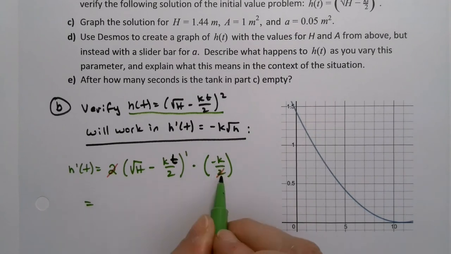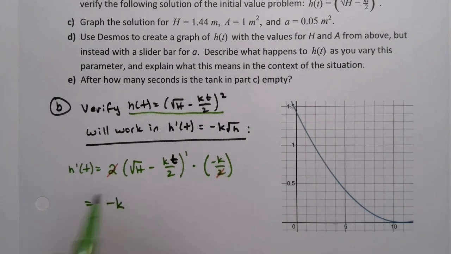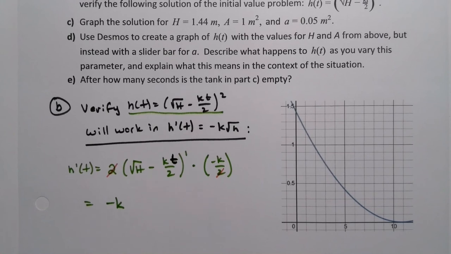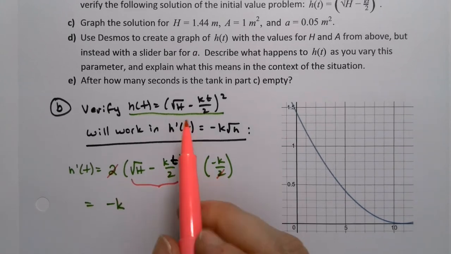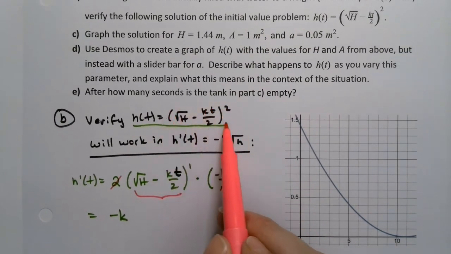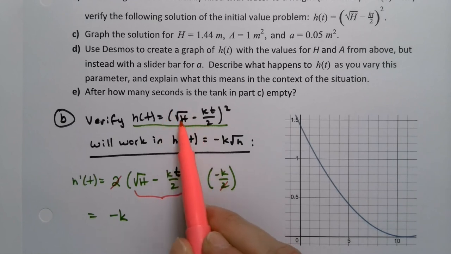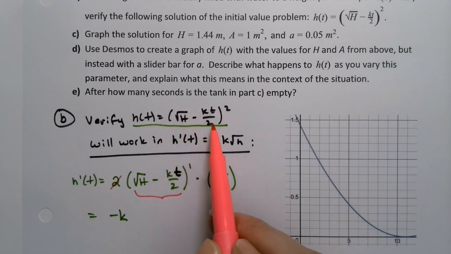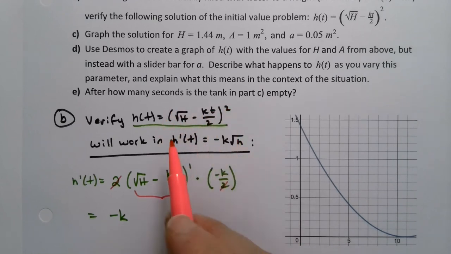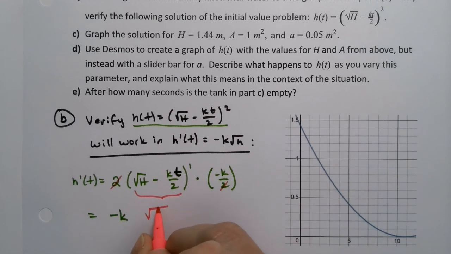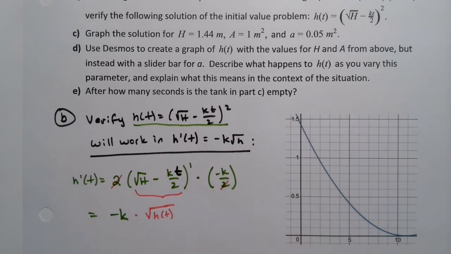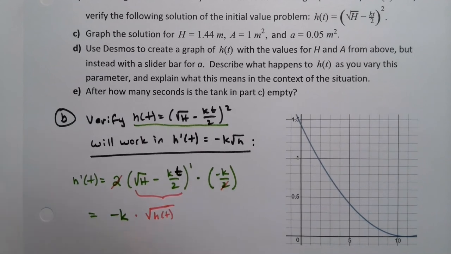So that's negative k out right there, times, and then all of this part that's left, look at it. Isn't that the square root of this? So if h of t was equal to square root of h minus kt over 2 squared, then isn't this the square root of h of t? And sure enough, that works, right?